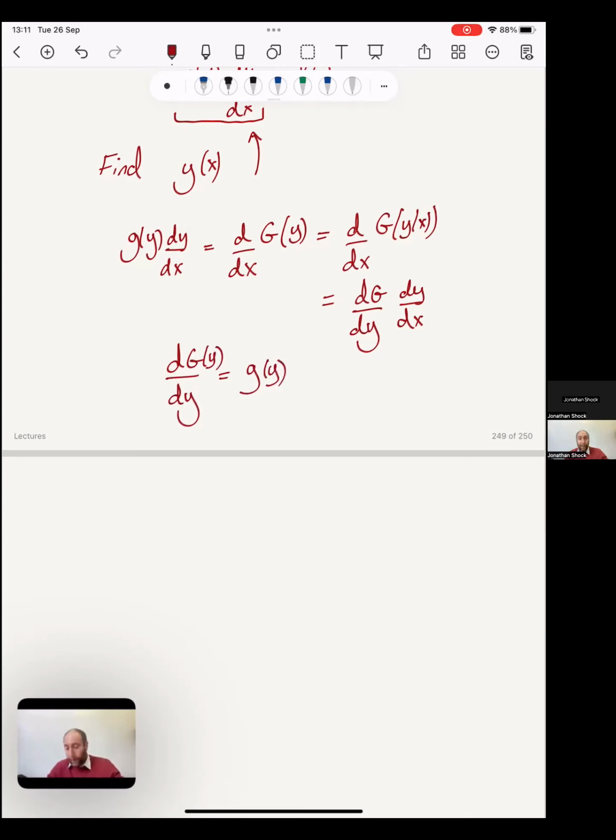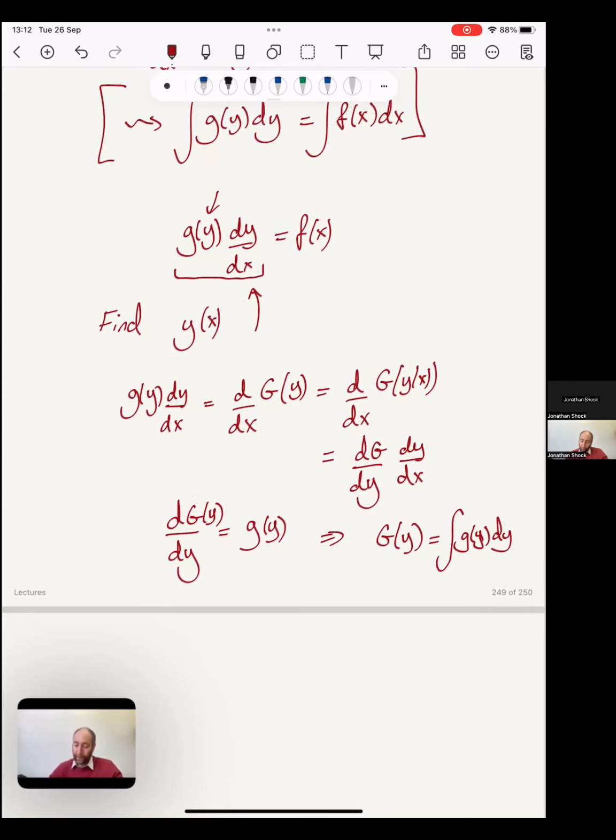And what that then means is that big G is an antiderivative of little g. Or in other words, big G of y equals the integral of g of y dy. So the fact that little g of y is the derivative of big G of y implies that big G of y is just the antiderivative, the integral of little g of y.